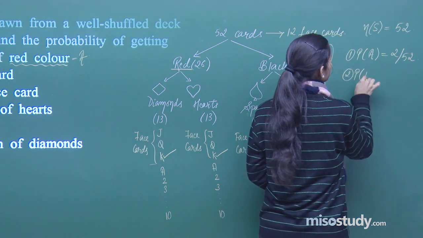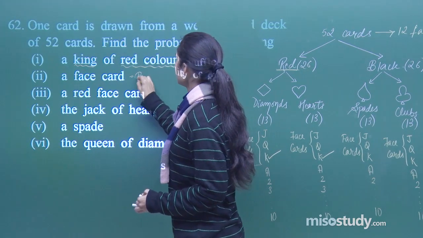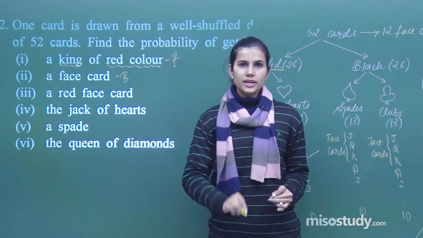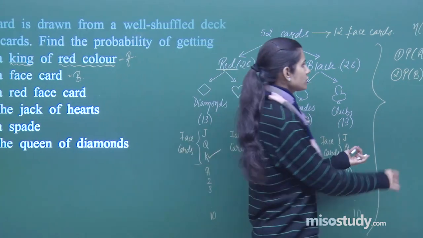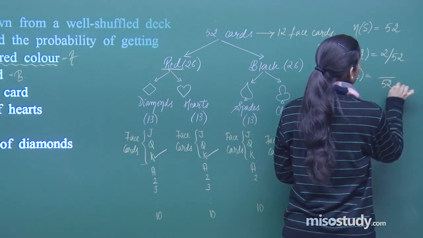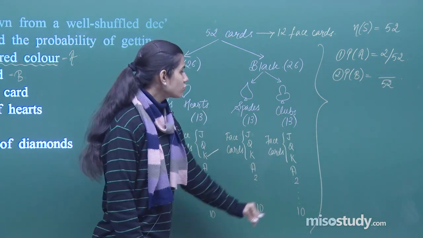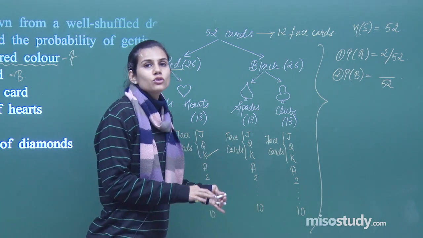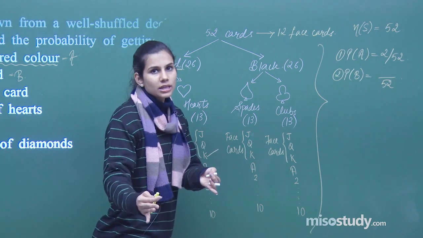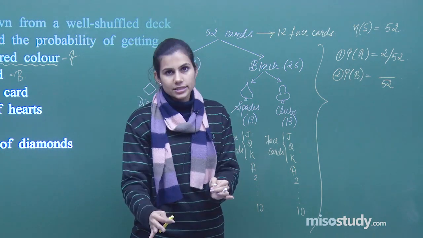Let's talk about the next one. Face card. What is the probability of getting a face card? Well, out of total number of possible outcomes, which is 52, how many are favoring the occurrence of event B? That means out of the 52 cards, which are those cards which, if they come up as the outcome, are going to let my event B happen? That means they will be face cards.